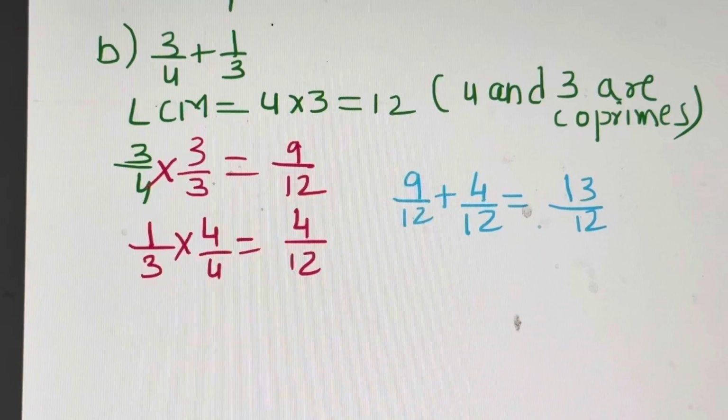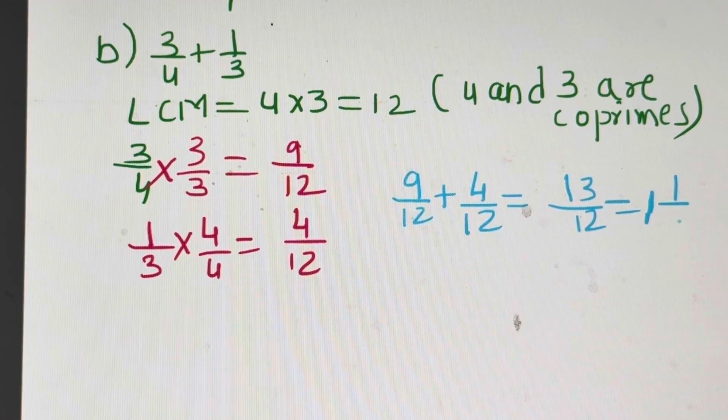Right? Now I told you that this is an improper fraction. Numerator is greater. So you need to convert it into a mixed fraction. And this can be done directly because we are dividing 13 by 12. Okay. So we can write the answer directly. 12 ones are 12. Now 13 minus 12 is 1. So 1 upon 12. Right. If you are not able to do it directly, then you can divide it in rough and write the answer.